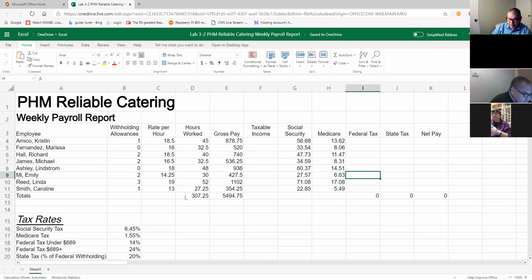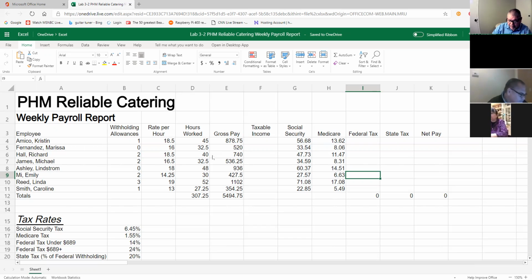Trying to remember where we left off. I know it's on page 182, but I'm not sure if we completed all the steps where we left off on this. We added the two employees, James and Ashley. And we did the tax rates.